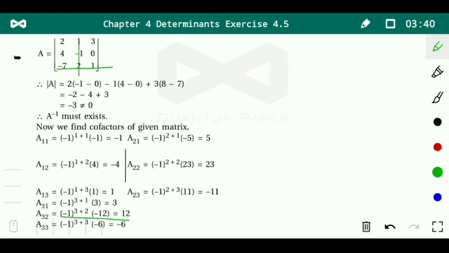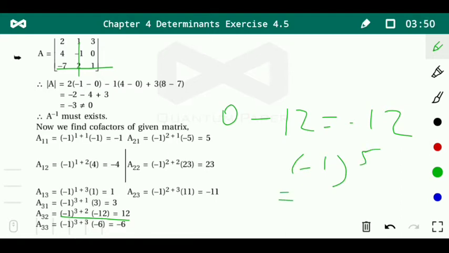So 2 zeros are 0 minus 4 threes are 12, it will be minus 12. But we have to multiply with minus 1 raised to 5, so it will be minus 1, and minus 1 into minus 12 will be 12. So the value of A32 will be plus 12, not minus 12.